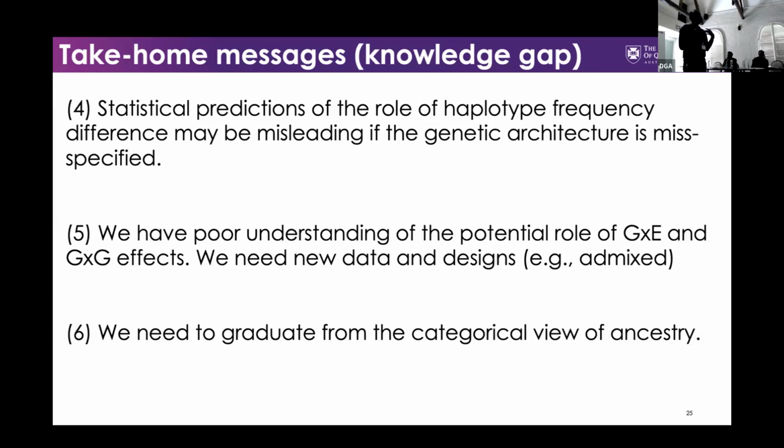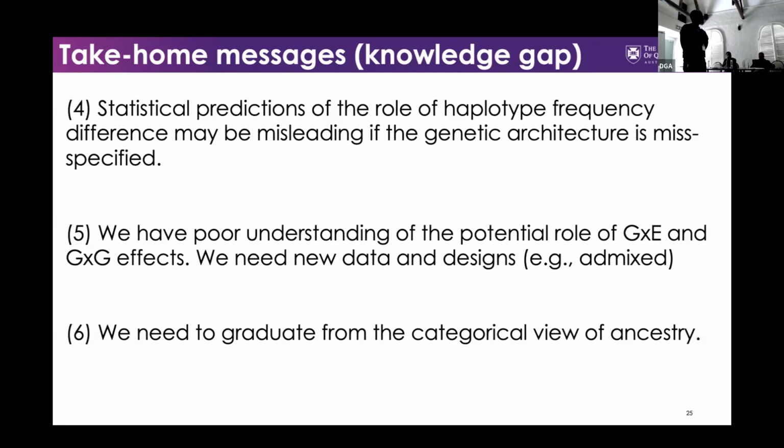Most of those methods, in the papers we and others have published, treat it as if it's all additive. I think we need to fill a gap there. For many complex traits, those non-additive effects are not contributing hugely, but even if they're contributing a little bit, how could that distort our conclusions regarding prediction analysis? I think this is a big gap that needs to be filled. I think there is another gap we need to fill as well.